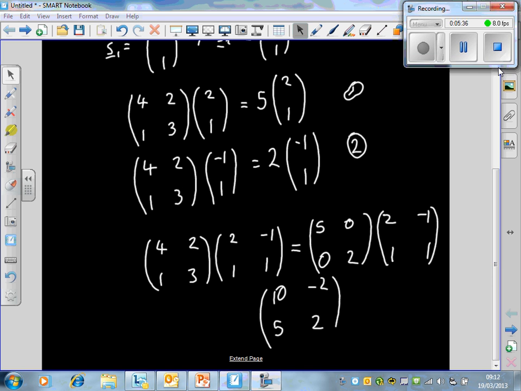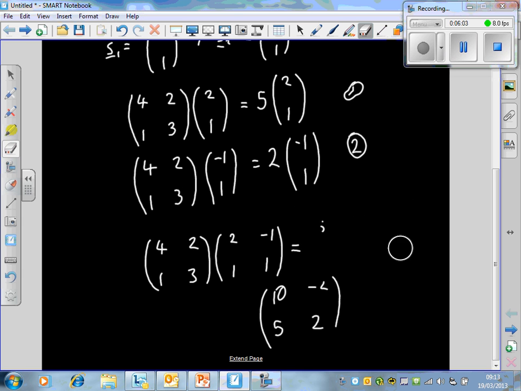Are these the correct eigenvectors? It shouldn't be any different. It should be the other way around. Sorry.